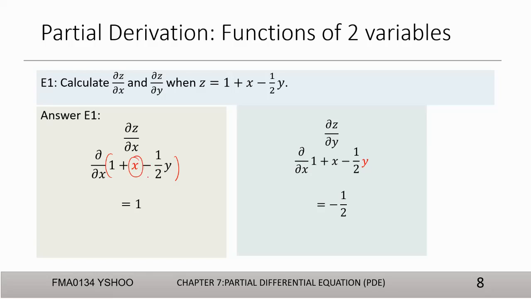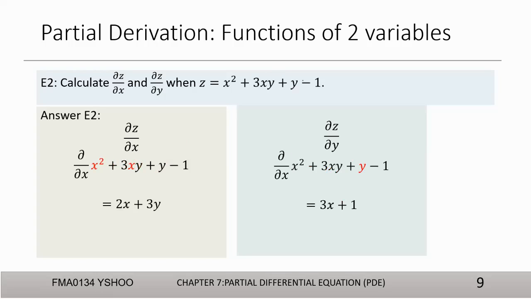The rest are constants. Differentiating a constant is 0. So del z over del x equals y. The same thing happens for del z over del y. This one is a constant and this is a constant, both go to 0. Then we have negative half y, and differentiating y is 1, so it's negative half.